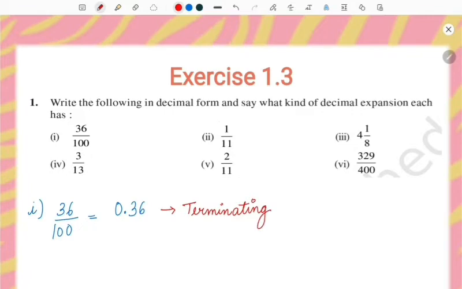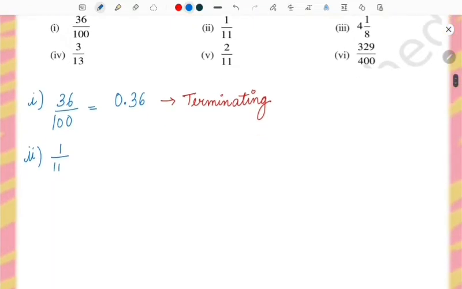Next, 1 by 11. For 1 by 11 we'll have to divide. Let's divide. 1 divided by 11. 0 point. Again 0. 11 9s is 99.